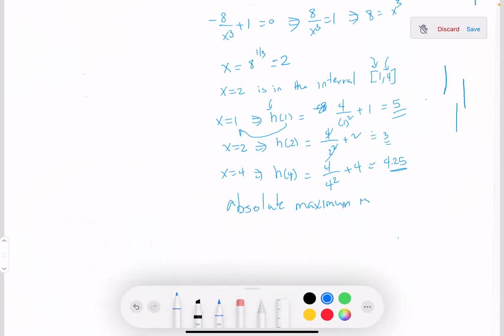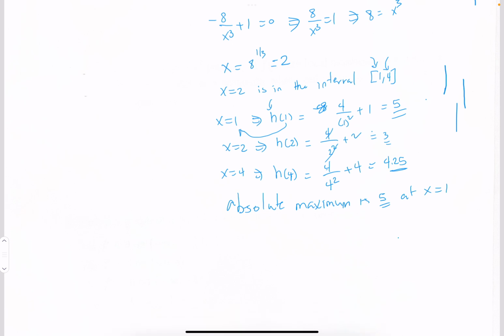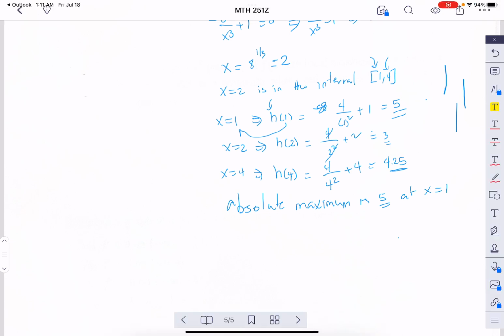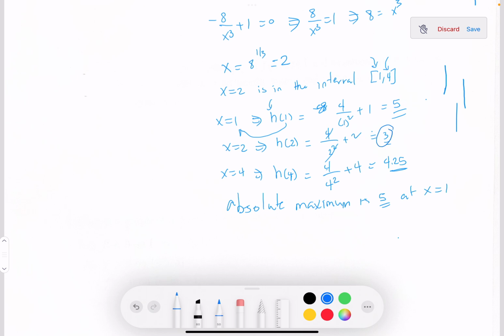What is the absolute minimum? Among 5, 3, and 4.25, the minimum is 3. So the absolute minimum is 3, and this is at, of course, x equal to 2.